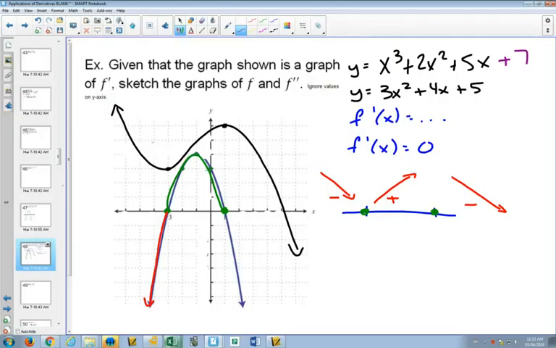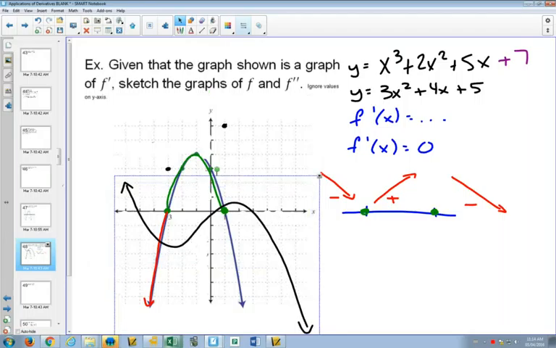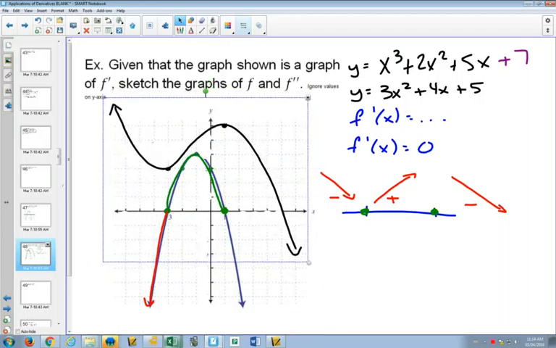Okay? What happens if I put minus 7? That would shift it 7 down. So what I'm trying to show here is that as long as I have a minimum here and a maximum there, this graph, up or down, would still produce the same derivative graph, because that constant at the end is not going to affect my derivative graph.